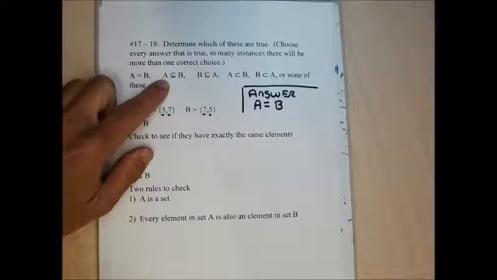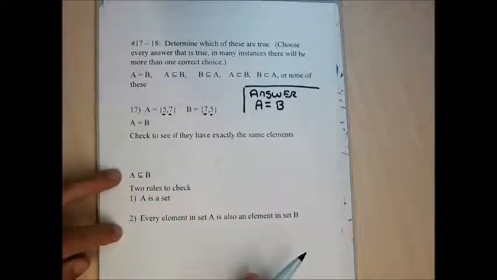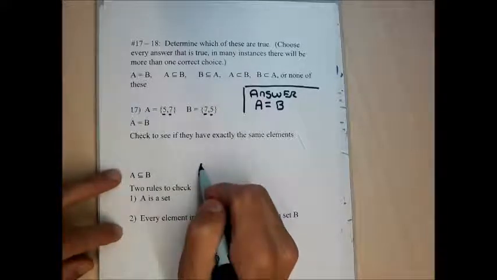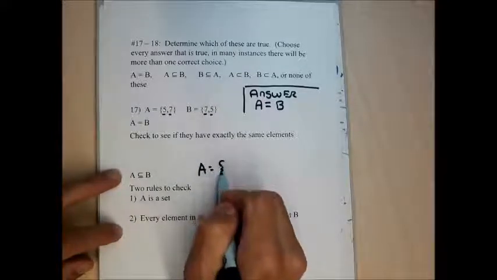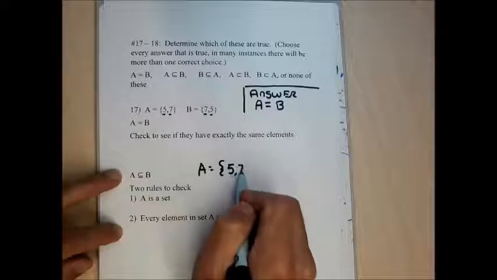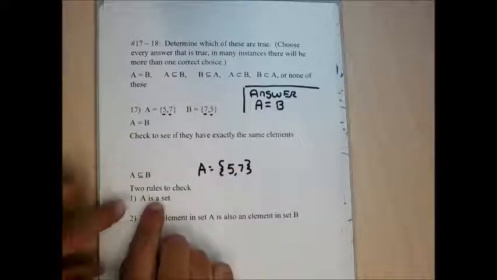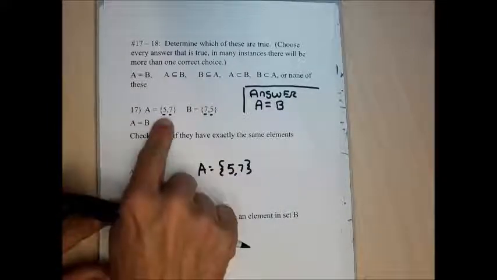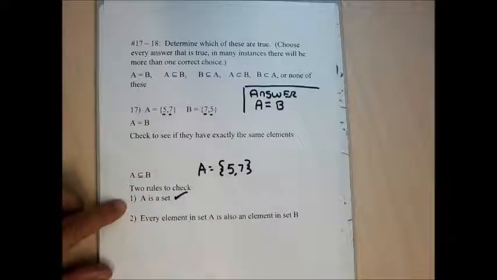The next symbol I'm going to check to see if A is a subset of B, which we've been doing. And there's two rules to check. So when I check to see if A is a subset of B, the two rules I need to check is first, A needs to be a set. Because A is written in set braces, A is most definitely a set.